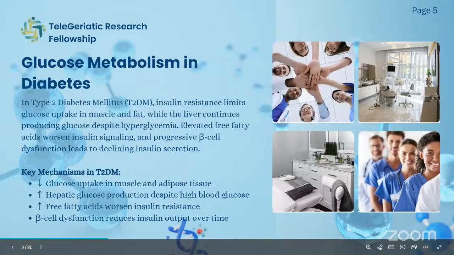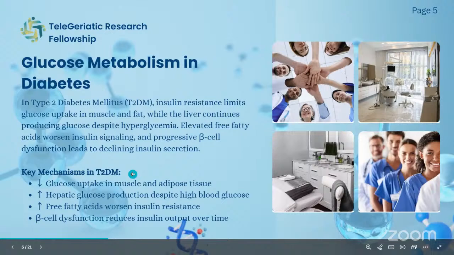Glucose metabolism in diabetes. In type 2 diabetes mellitus, insulin resistance limits glucose uptake in muscle and fat, while the liver continues producing glucose despite hyperglycemia. Elevated free fatty acids worsen insulin signaling and progressive beta cell dysfunction, leading to declining insulin secretion.